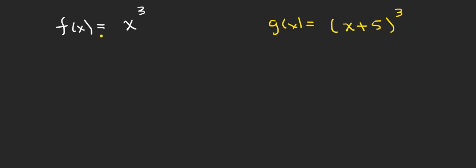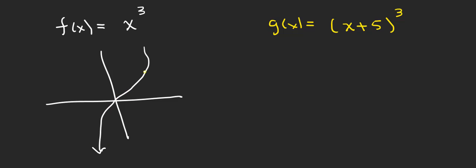So we have f of x equals x cubed, g of x equals quantity x plus 5 cubed. So compared to f of x, how will g of x look? It looks like you are going to have a horizontal shift. So f of x equals x cubed will look something like this.